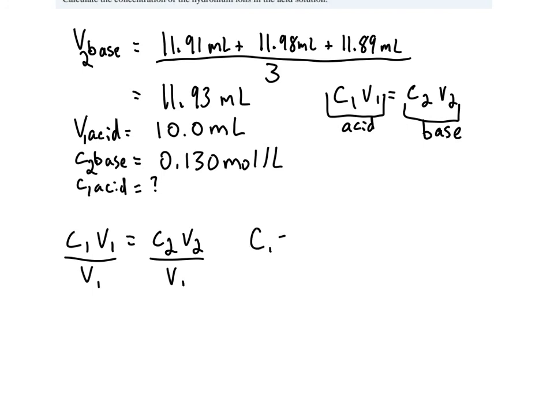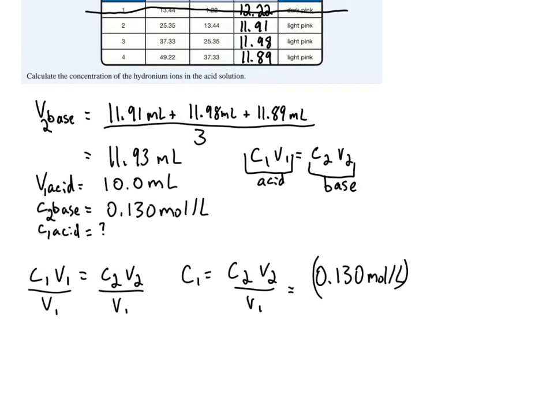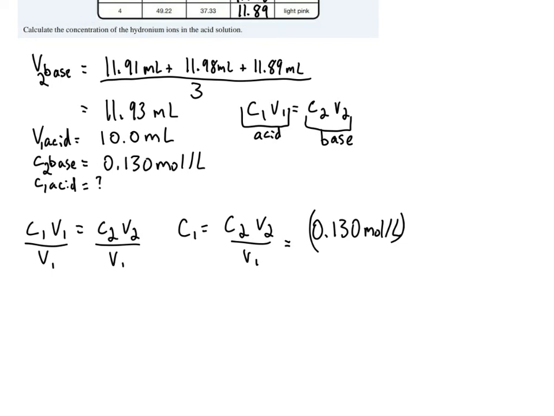So we land up with C1 equaling C2V2 over V1, which is going to equal the concentration of our base, 0.130 moles per liter, multiplied by the volume of our base, which is 11.93 milliliters, and then we're dividing that all by the volume of our acid, which is 10.0 milliliters.